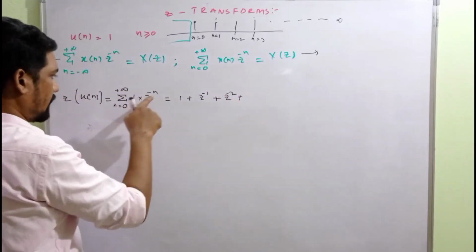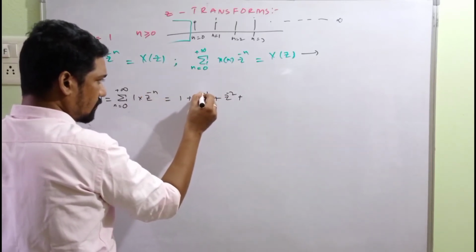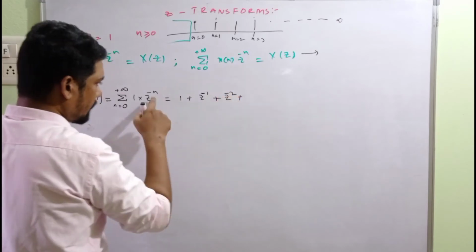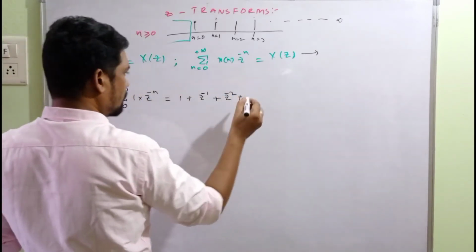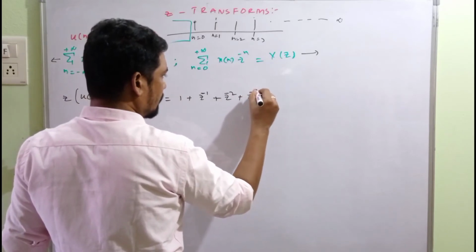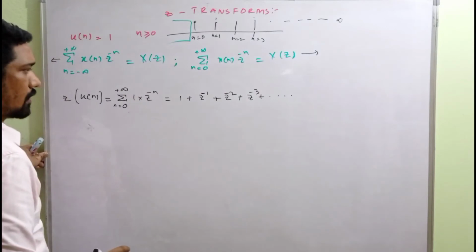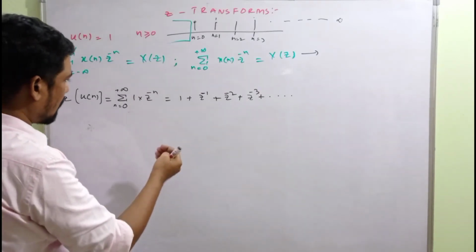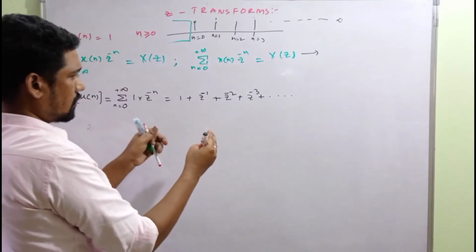Where did this negative come from? That is from the definition itself. And plus n equal to 3, that will be z raised to minus 3, plus dot dot dot, that extends to infinity.